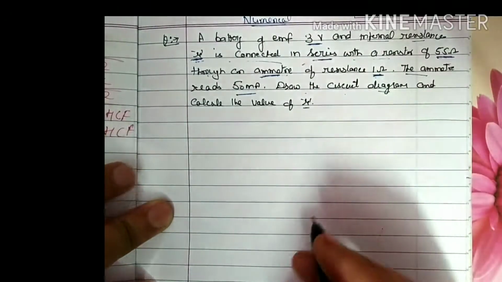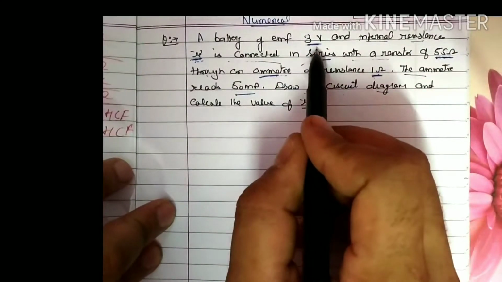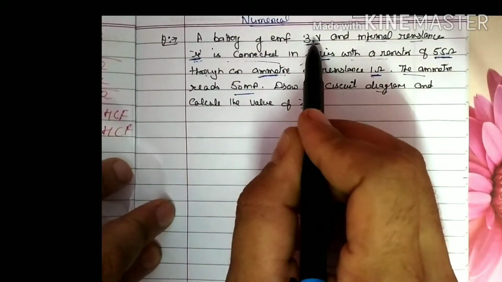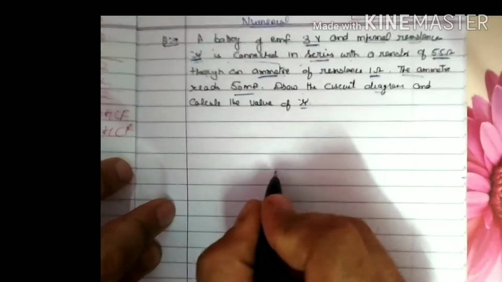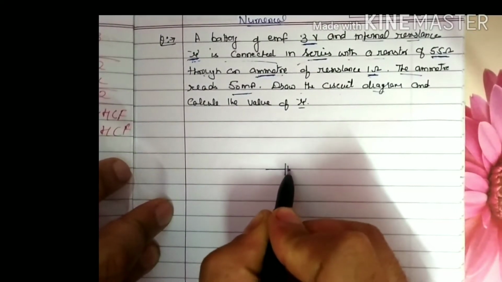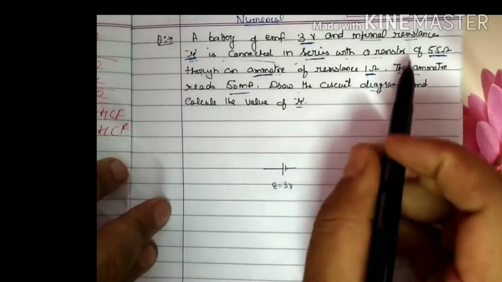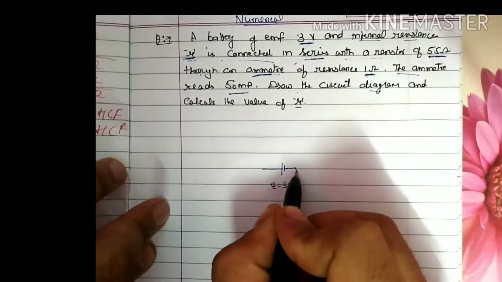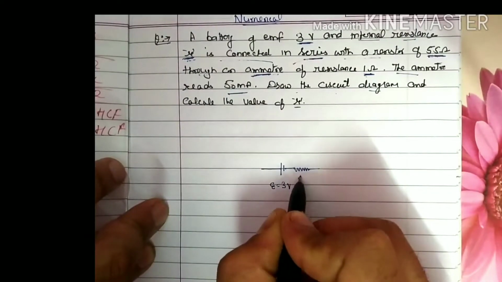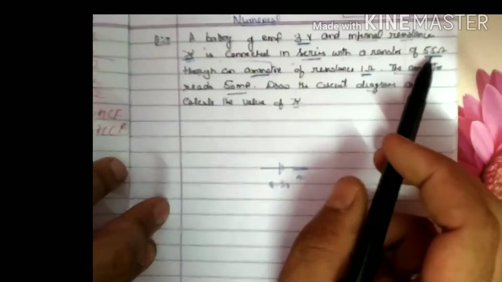According to the given numerical, firstly you have to draw the circuit diagram. In the circuit diagram, firstly the cell. This is a cell of EMF 3 volt, and this is the internal resistance of the cell, small r, connected in series with a resistor of 55 ohm.